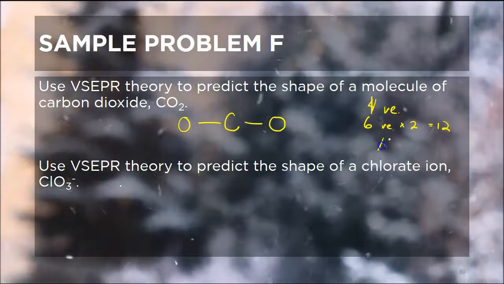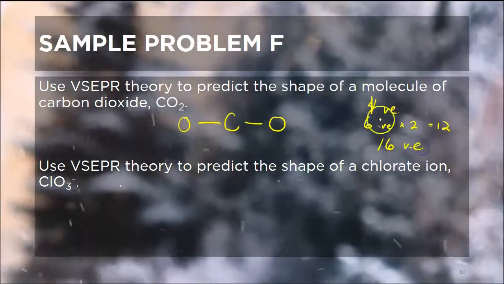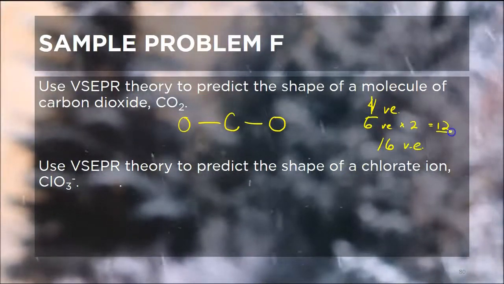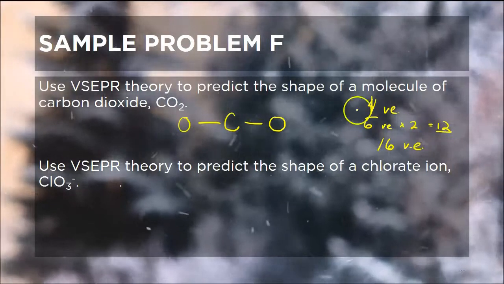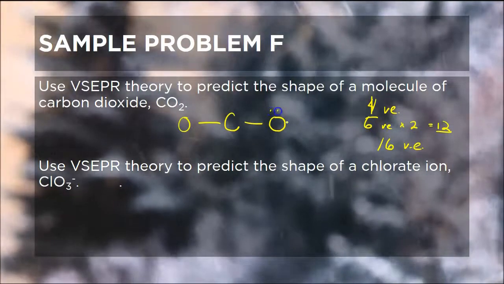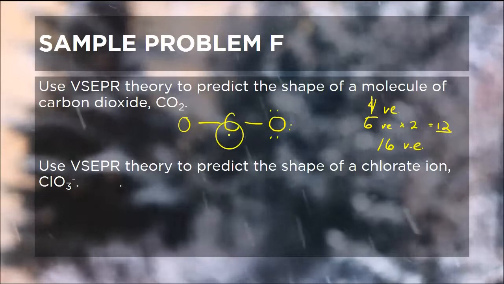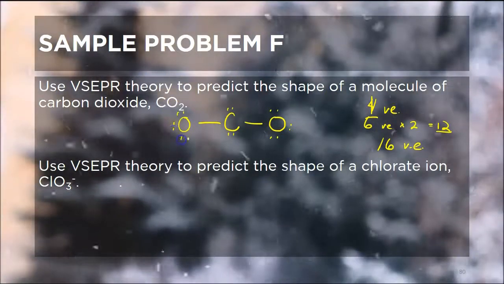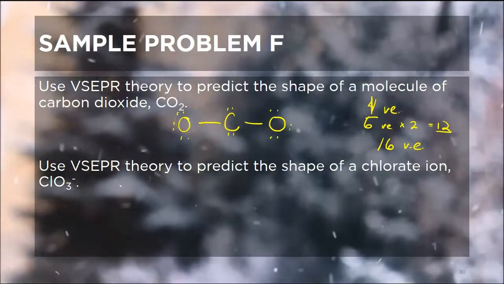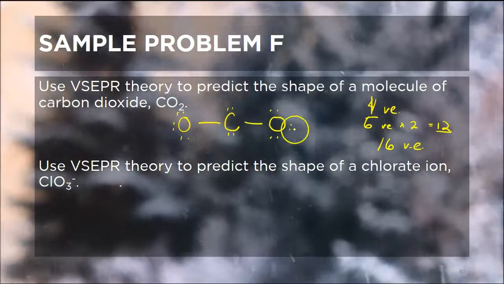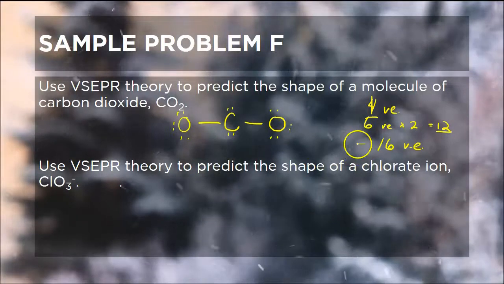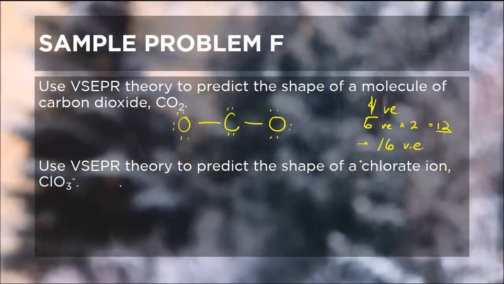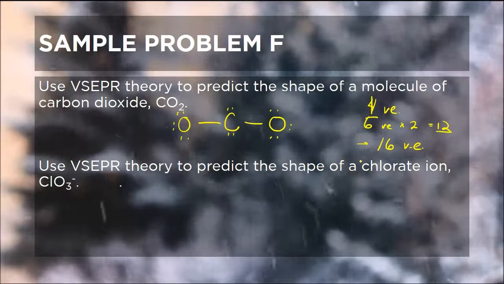So I'm looking for a total of 16 valence electrons in this shape: 4 from the carbon and 12 from my 2 oxygens. When I draw this, if I give everybody an octet, I'm looking at 2, 4, 6, 8, 10, 12, 14, 16, 18, 20. Way too many valence electrons when I only have 16 to work with.